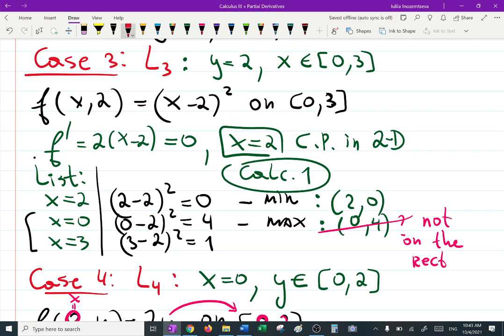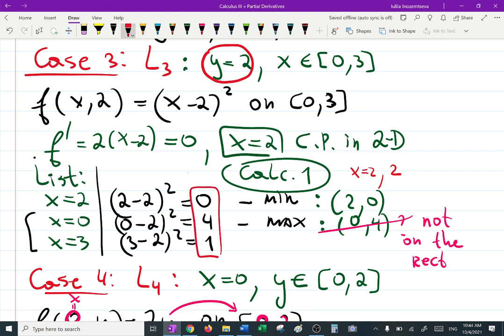X is 2. Yeah, we chose x to be 2, but y is 2. That's the point. X is 2 and y is fixed. This is not the point we need. This is just to check.